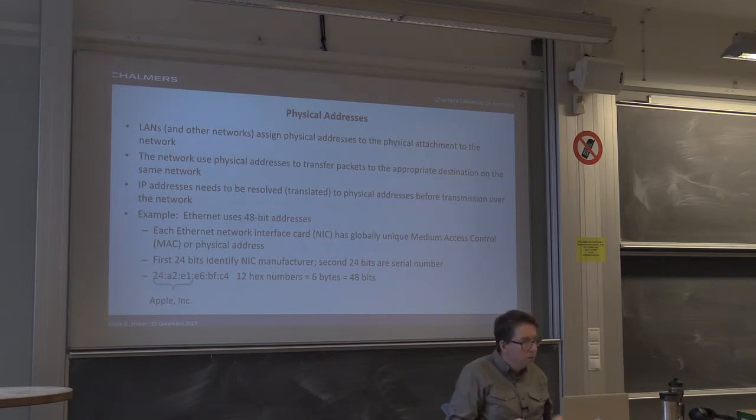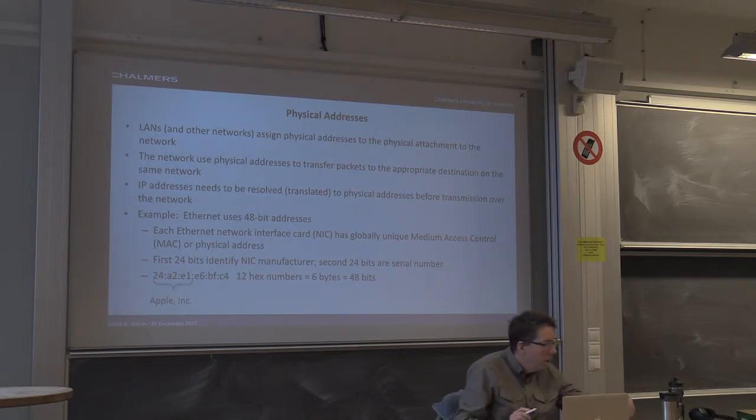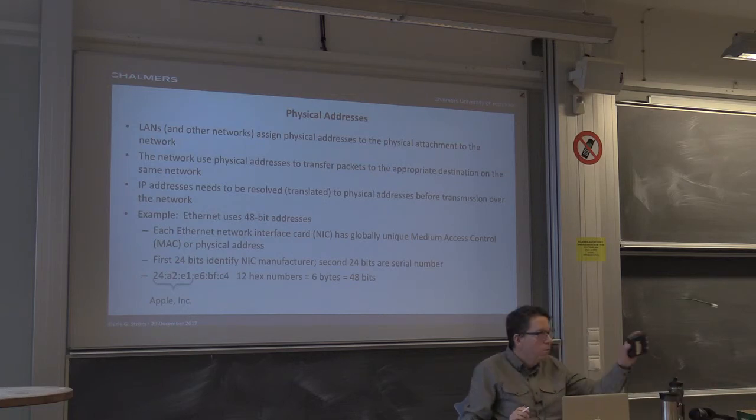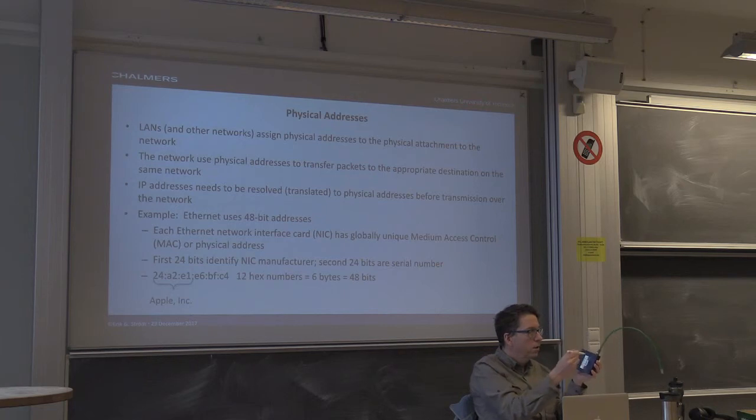Okay. Physical addresses. These are addresses which are on the local area network. In the particular network, we have physical addresses. So when this is attached to an Ethernet network, this one gets a physical address. This box might have an IP address, but it also has a physical address.